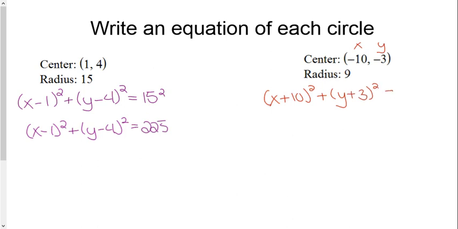Squared equals my 9 squared, that's my radius squared. So my final answer is (x plus 10) squared plus (y plus 3) squared equals 81. Not too bad, a little challenging, but not a whole lot. Just remember that whatever is in the center goes the opposite sign in the equation, and it's always equal to our radius squared.